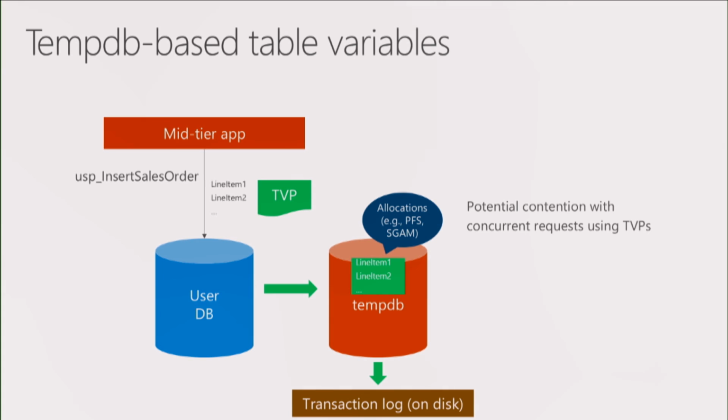So there's potential contention here if you have a lot of concurrent requests using TVPs, and you need to provision enough log I/O. And we know that, for example, in Azure SQL Database, this counts towards your log I/O cap. So if you have high log I/O and you're using a lot of table variables, think about using memory optimized table variables to reduce that log I/O.